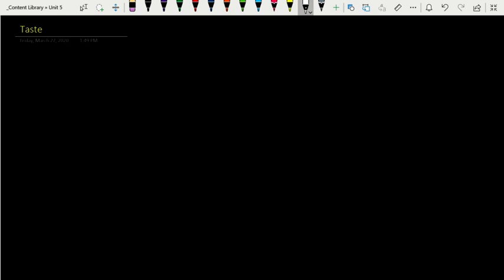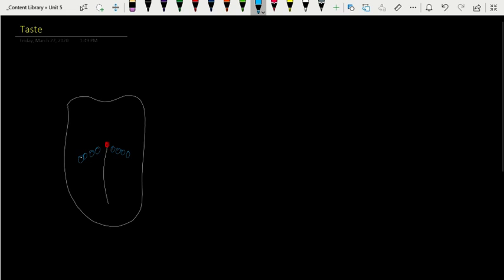see if we can draw a tongue and understand some of the surface anatomy before we get into the signaling. Okay, there's a couple of things that we can see as we look at how the tongue is divided up.